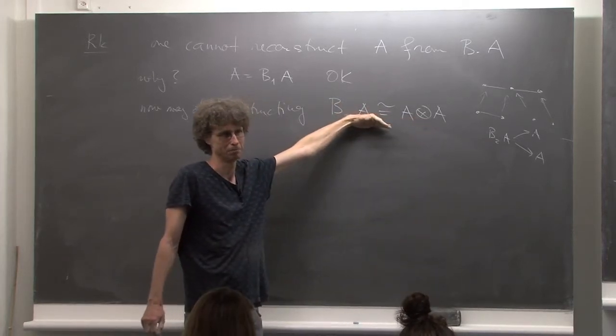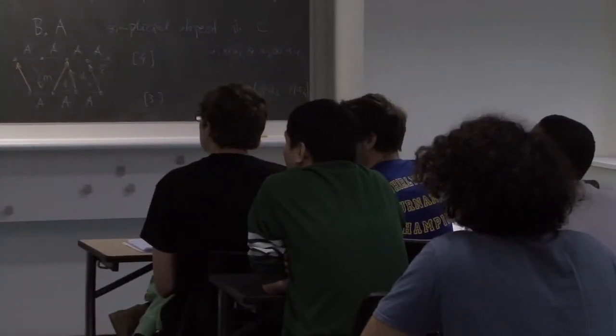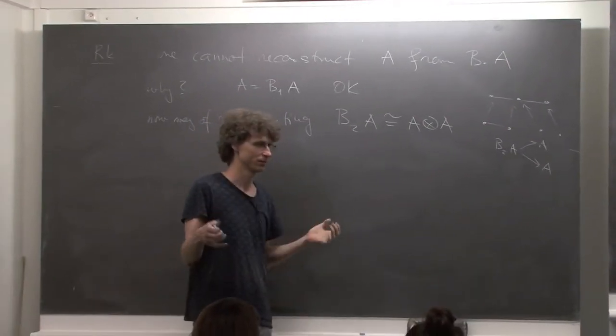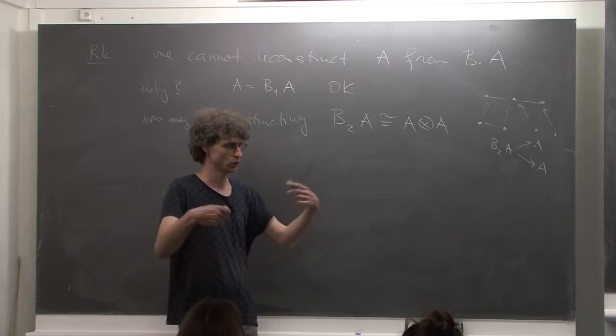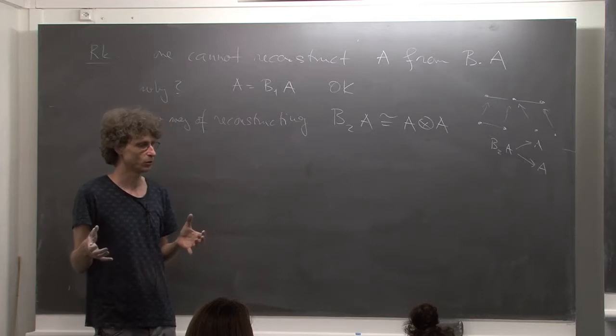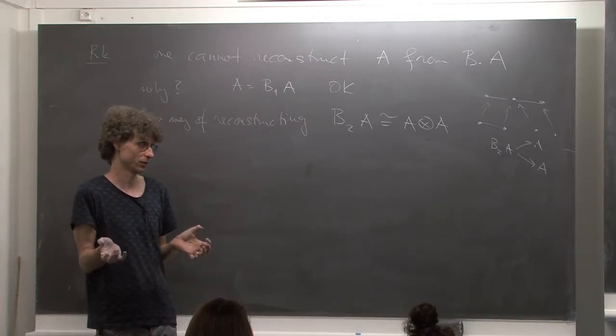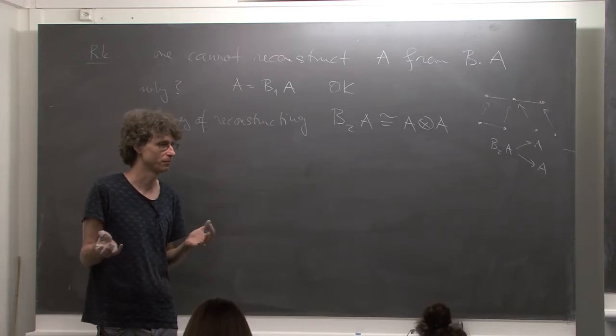A very stupid question, but B2A is... Okay, but say somebody secretly takes an A, creates this simplicial object, and gives you this simplicial object. Now you're supposed to reconstruct what that algebra A was, and you fail.